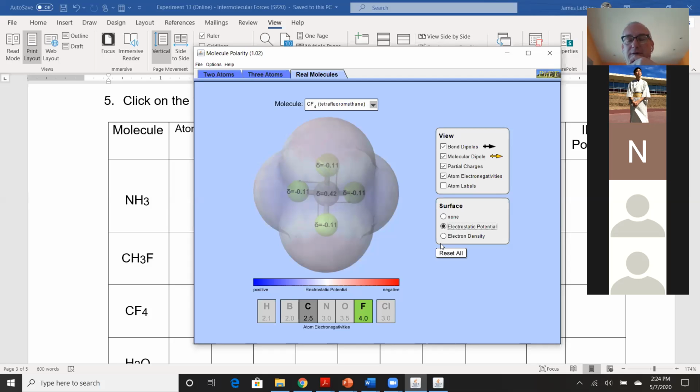Anybody got an answer? Well, think about what kind of interactions can they do? What kind of interactions can CF4 actually pull off?